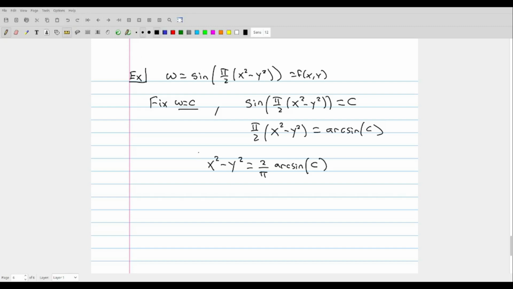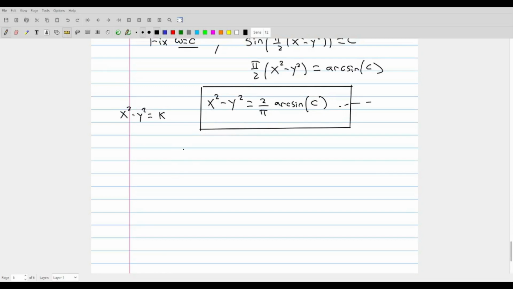And this is the algebraic equation of the level curves for this function, which means for various values of c in the range of this function, we have the level curves are given by curves of the form x squared minus y squared is equal to some k value, where this k is 2 over pi times the arc sine of c.